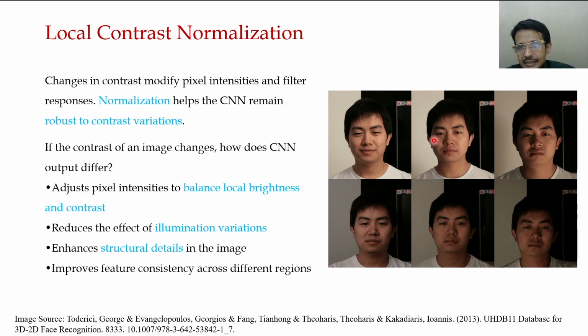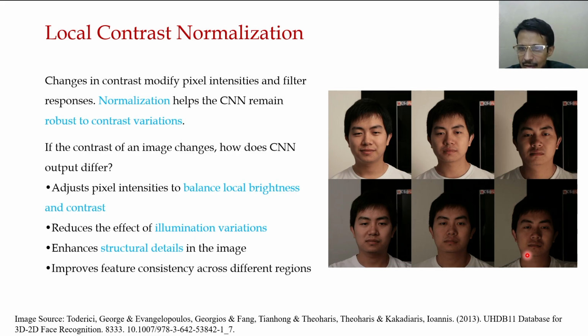There is a face image and you have to do CNN-based face recognition on this face. Now if your input changes like this, we can understand that clearly these images are taken in different lighting conditions, or the illuminations are different.